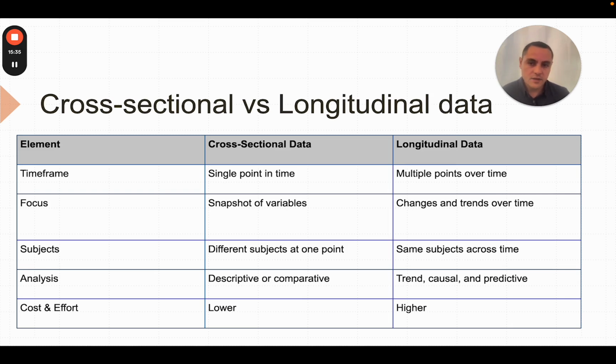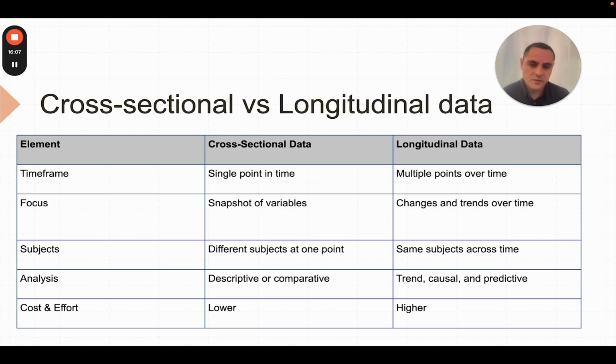So with cross-sectional, that captures a single point in time. It is basically a snapshot, right? You can think of this as a snapshot of variables that we're collecting at a single point in time. There's different subjects, or for example, let's translate this to layman's terms: there's different people in that data set.